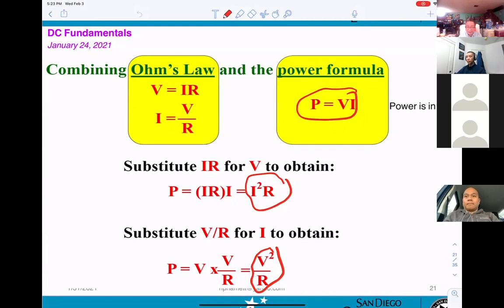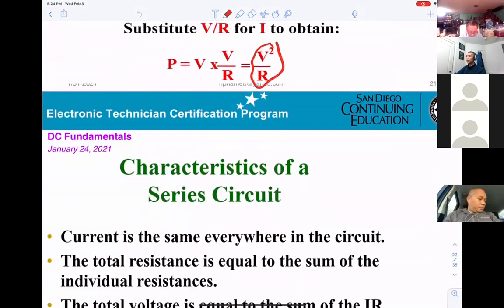That's what we already ordered, but it's not coming yet. In order to calculate the power, P equals V times I, voltage times the current, or you can use the formula I squared times R, or V squared over R. The unit of the power will be watt, kilowatt, milliwatt, whatever.